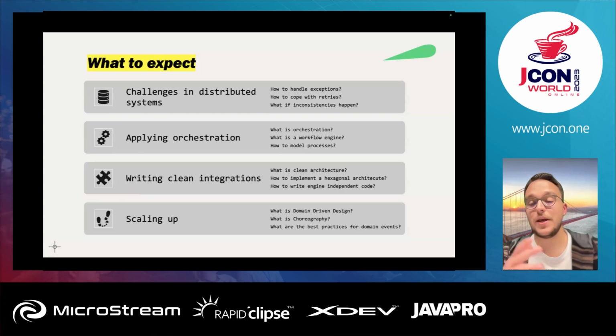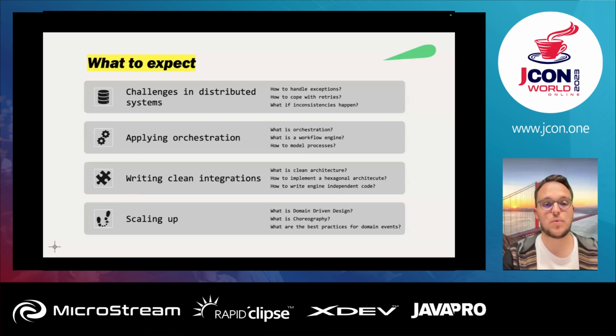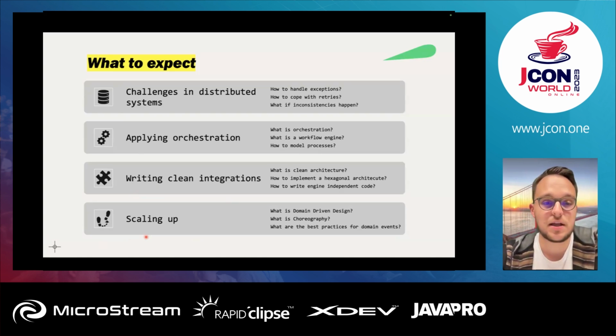That means we not only have one domain we want to focus on, but multiple ones. Therefore, we want to introduce choreography, domain events, and domain-driven design to handle all of this together. So we'll see how we can mix orchestration and choreography. And in the end of the talk, you hopefully know how to do it.